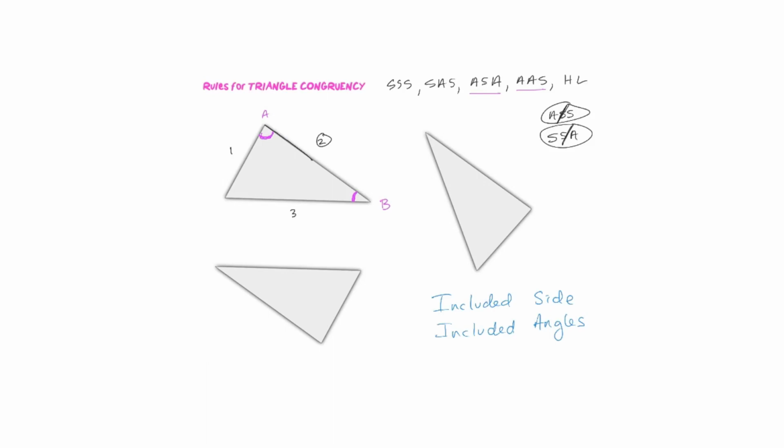This is the only included side. Basically it's the side in between the two angles. That's an important skill to be able to determine which rule we're going to say triangles are congruent by.